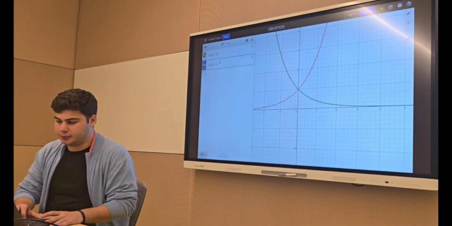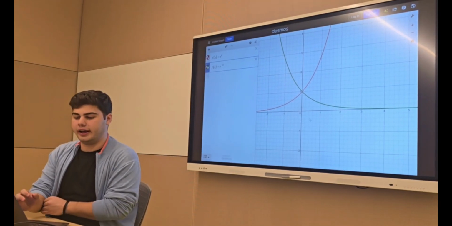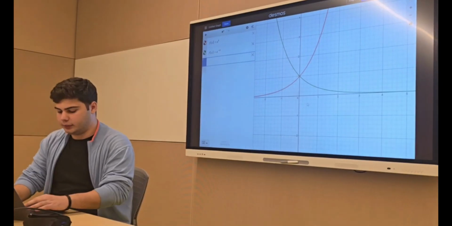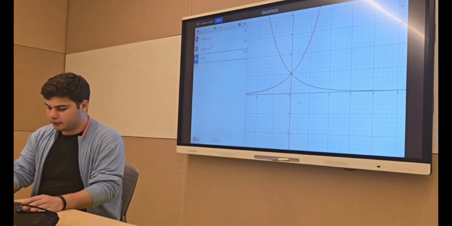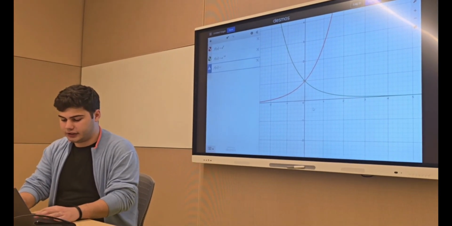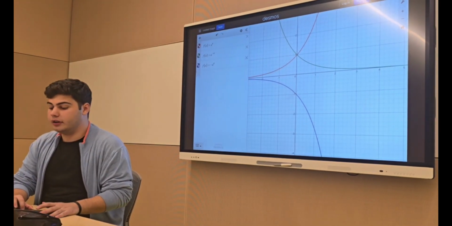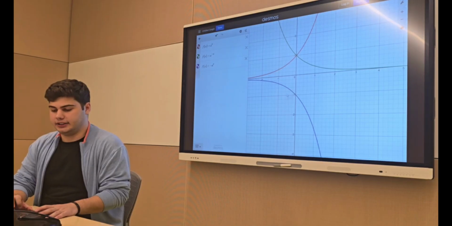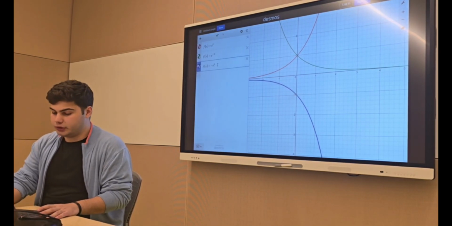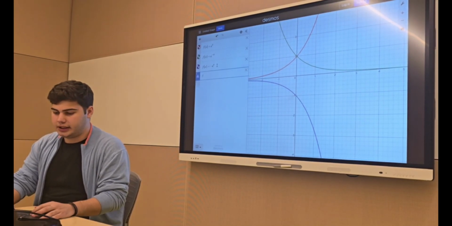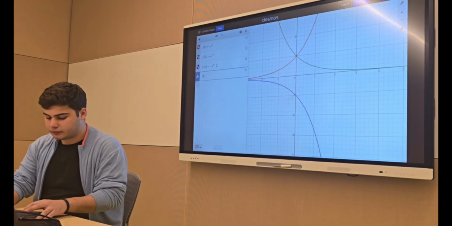As you can see, it will be reflected by the y-axis. And we can do the same thing by changing the sign of e. And as you can see from this picture, it will be reflected by the x-axis. Or we can put minus to e and x at the same time.